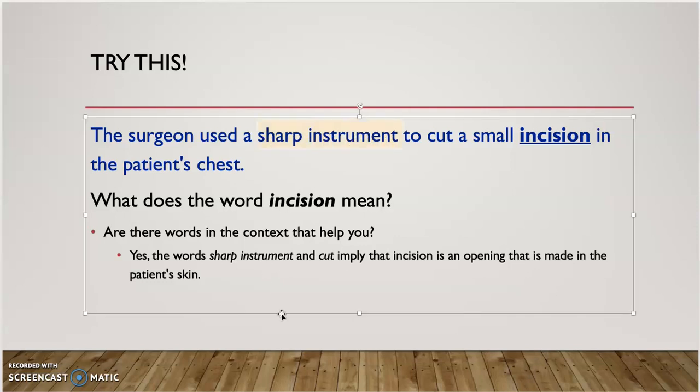A sharp instrument could be a scalpel, it could be a knife. And cut. The sharp instrument's going to cut the incision. So sharp instrument and cut imply that incision is an opening that is made in the patient's skin. It's a hole that's cut into the patient's skin.